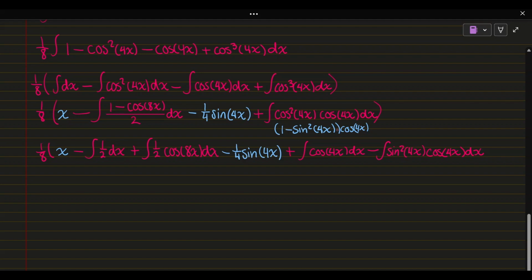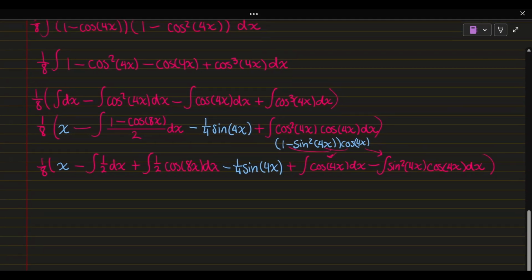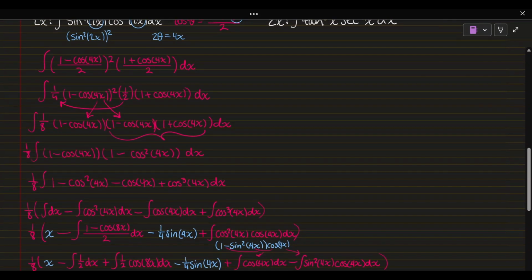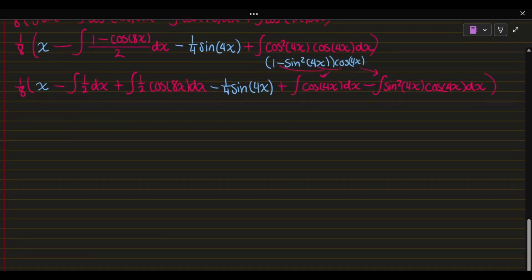Okay, so that was just distributing this cosine here and splitting these into two integrals. And all of that is being multiplied by 1/8. I know this problem is really long, but we're about to be done.